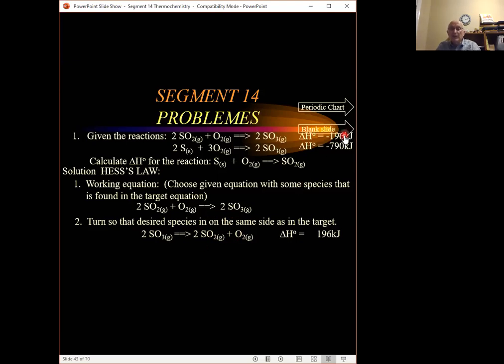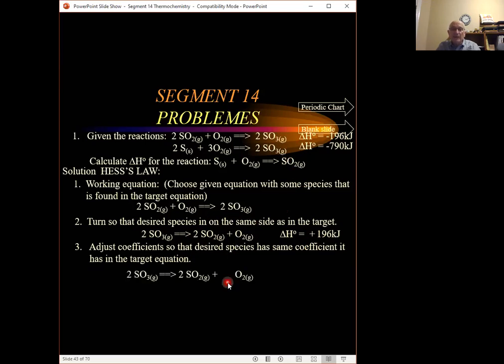If I turned it around, it was minus 196 originally. I turned it around, so now it's plus 196. And I want to adjust the coefficients so that it has the same coefficient that my target has. So I need to divide through by 2. So if I divide through by 2, I need to divide the heat by 2.